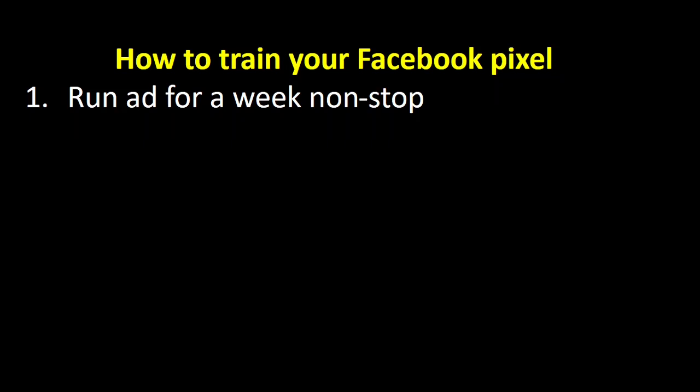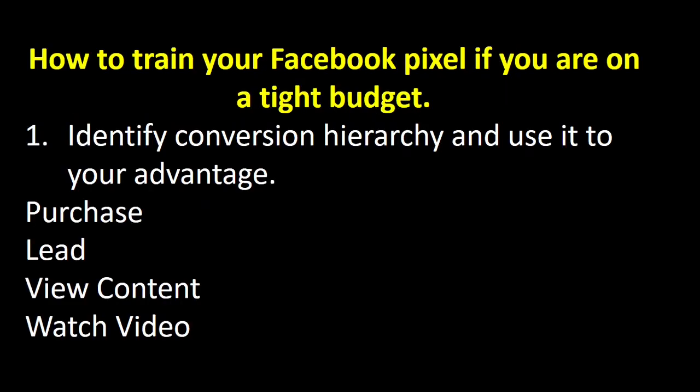If you don't have view content, you will have video views or likes. So when you have gotten some purchases, for instance, maybe you are able to get like 60 purchases, then when you are running your conversion objective, you are now going to create a custom audience of people that have already purchased your product. Then you will now select a lookalike audience based on that custom audience.